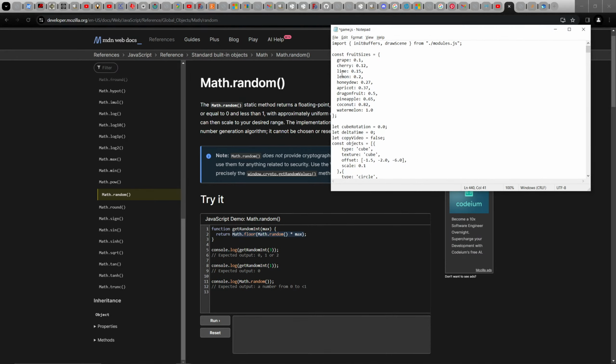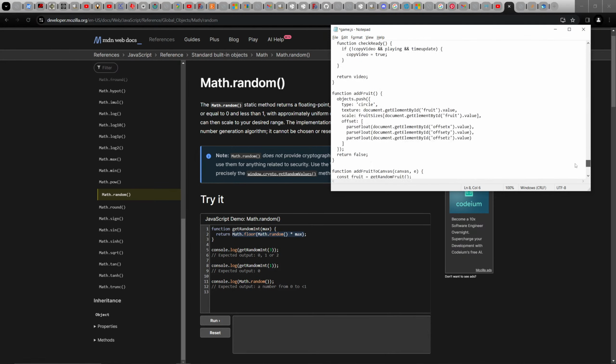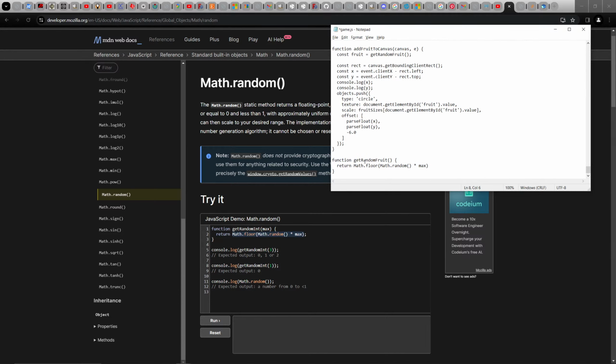So for the random fruits, I want to be able to drop grapes, cherries, limes, lemons, and up to honeydew. So that's 1, 2, 3, 4, 5. So 5. And then fruit sizes. Fruit sizes is the name of the fruit sizes object.